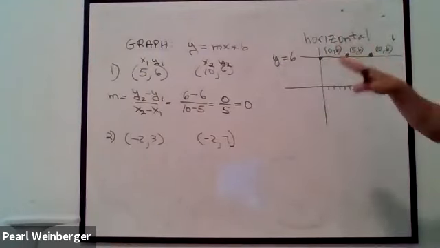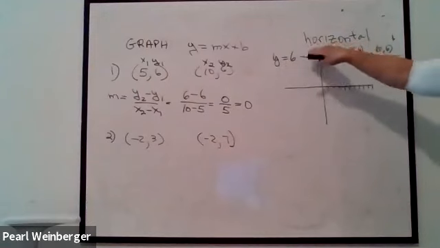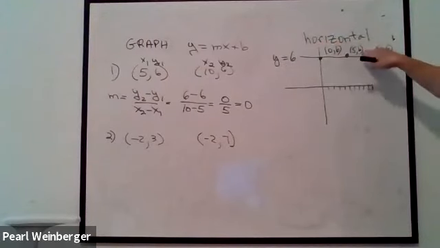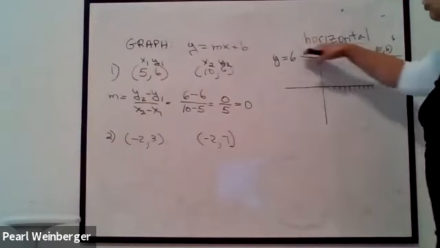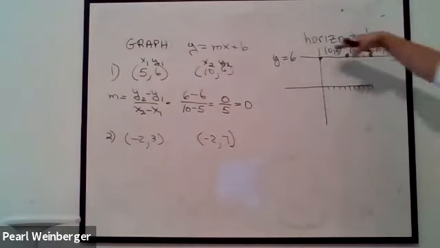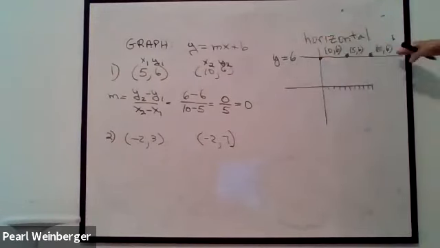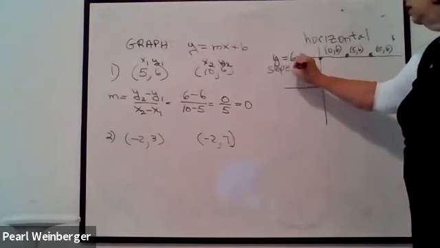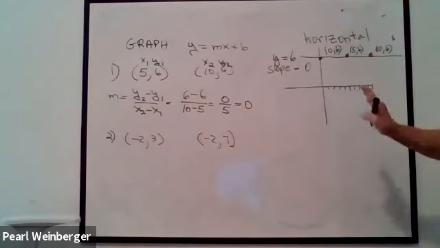And the y equals 6 is telling you that no matter what point you pick on this line, the y value is going to be 6. That's why it's all going to be straight across. It's going to be horizontal. And the slope of that line is 0.